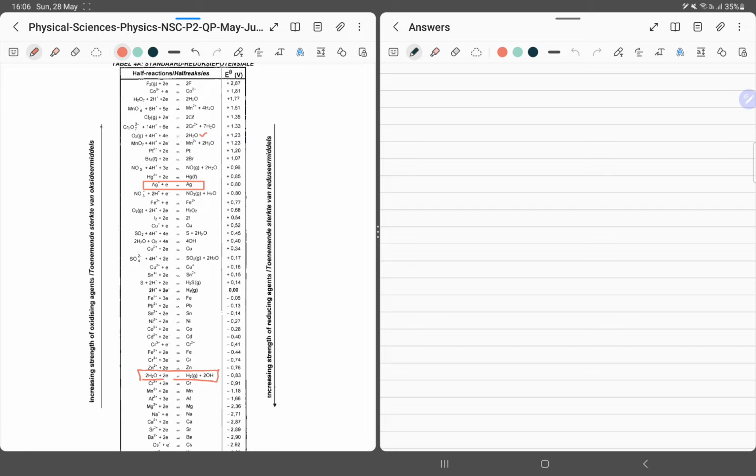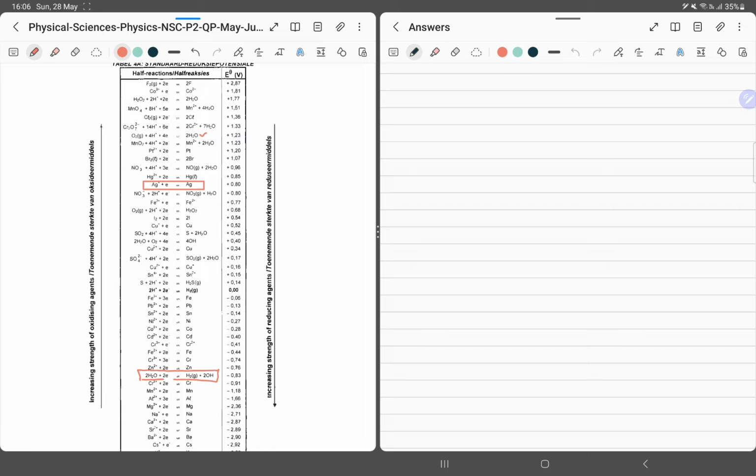At the anode, we can form those two. Now we have a problem because we need to decide between A and D. We need to consult our electrode potentials and compare the chlorine and these other ones. So this one is taking their time. We did not want to lose.